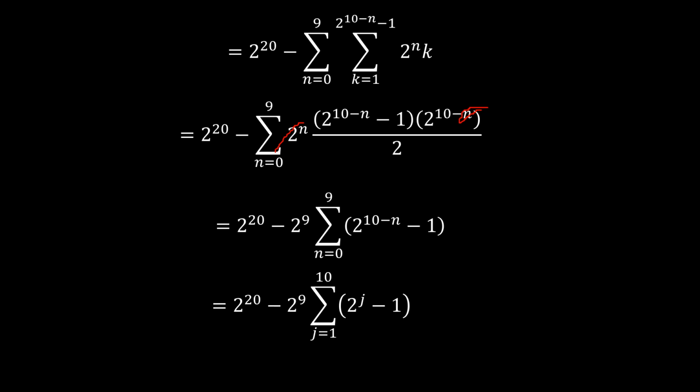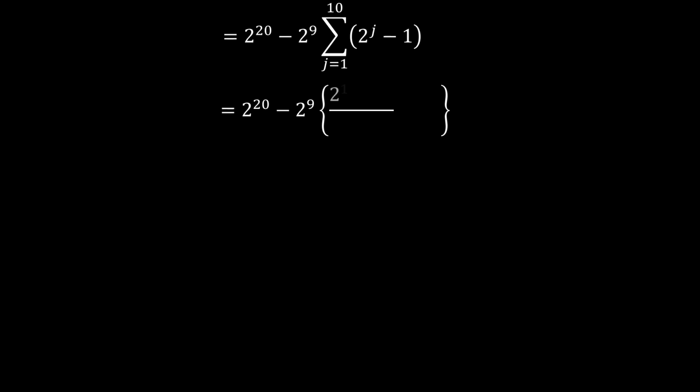And now this is a geometric progression. So we can derive the sum of that series with a constant ratio 2, which is now 2 to the power 11 minus 2 over 2 minus 1.